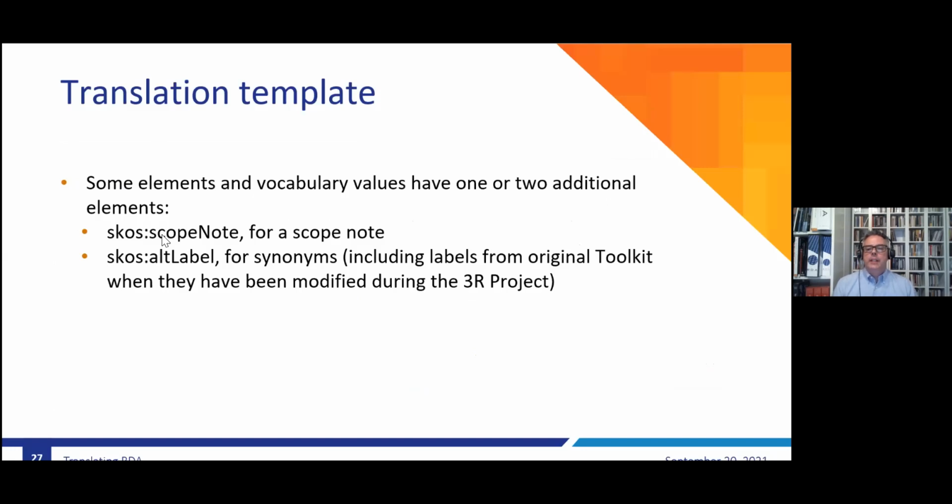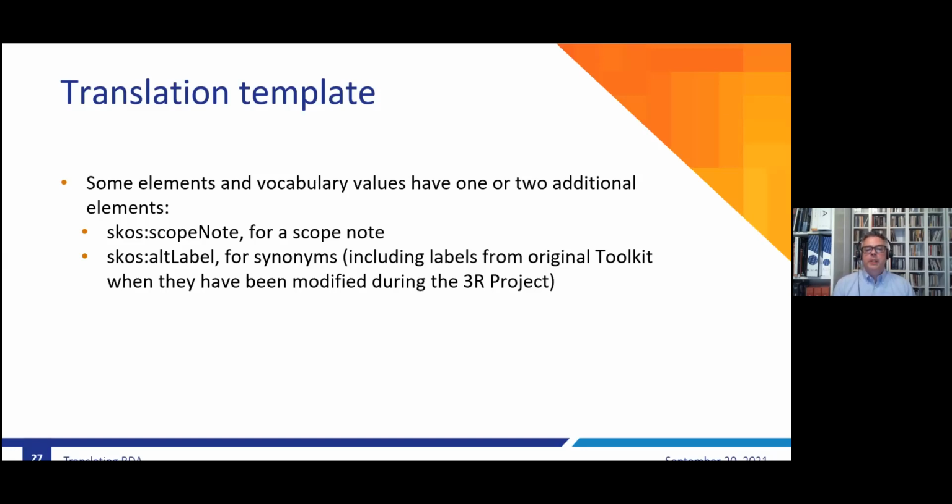In addition to these basic properties, some elements and vocabulary values have one or two additional properties. In the translation template, one is for a scope note and the other for alternate labels, that is, synonyms of the preferred label. These include, incidentally, labels from the original toolkit when they have been modified during the 3R project.